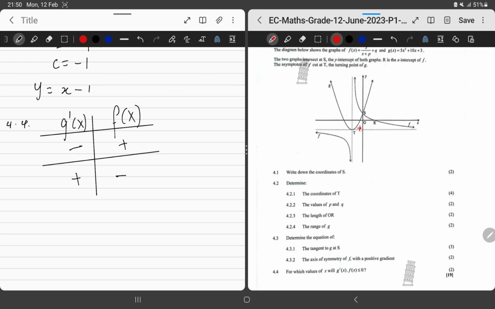The gradient should be positive, and then my f of x should be negative. Yes, so the gradient is positive and my f is below the x-axis. So this means that x should be greater or equal to 3/2.